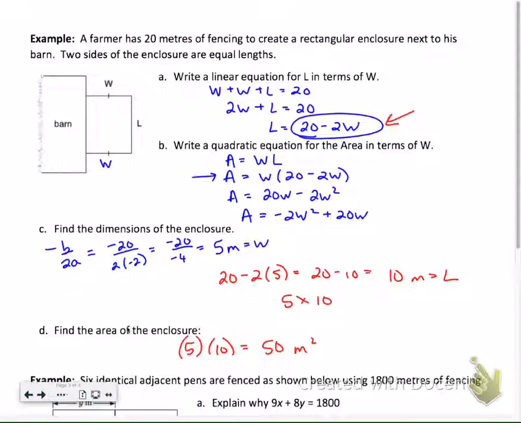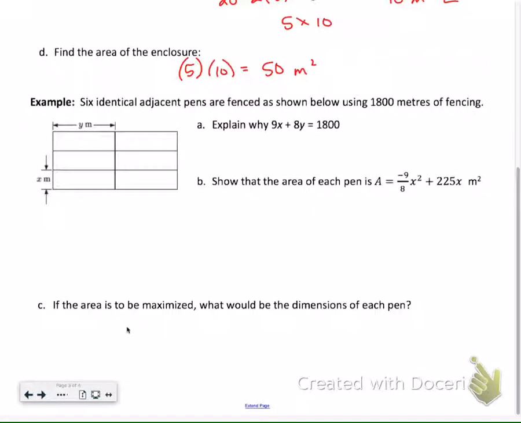All right, last part. 6 identical adjacent pens are formed as shown below using 1,800 meters of fencing. Explain why 9x plus 8y is equal to 1,800. Okay, so the fencing has to do with perimeter, but it's the perimeter of all the spaces.